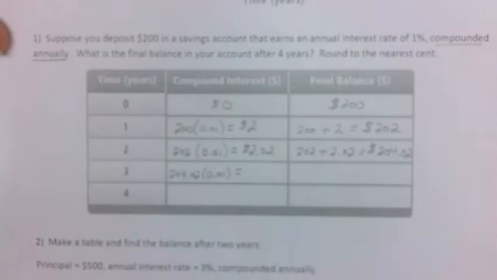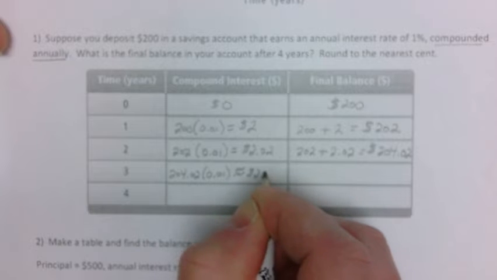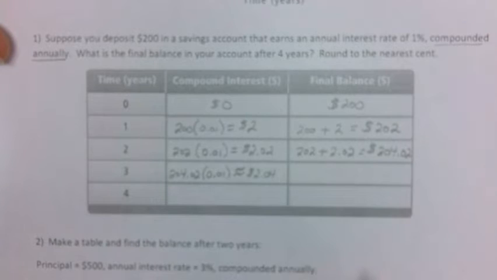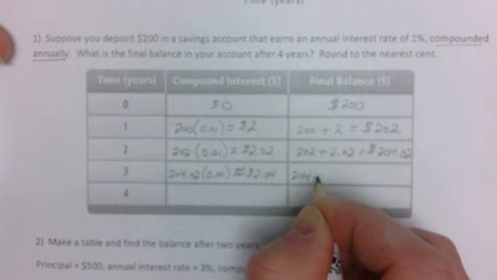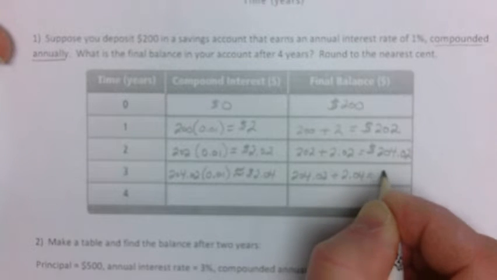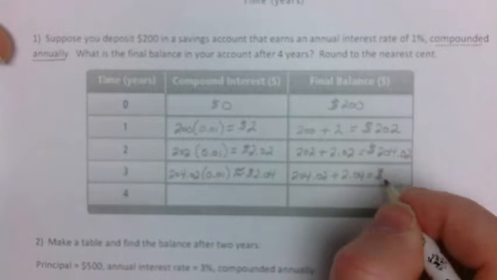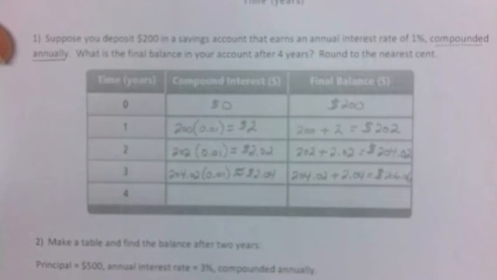So we're going to say that this is about, we'll use the approximate symbol here, $2.04. Now we'll take the previous balance, $204.02, add on the interest of $2.04, and that gives us a final balance in year 3 of $206.06.